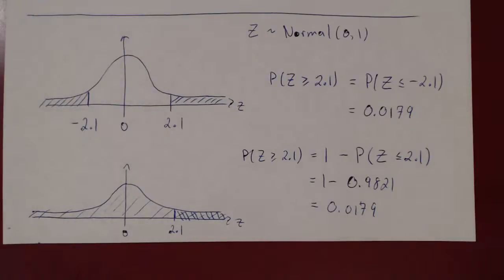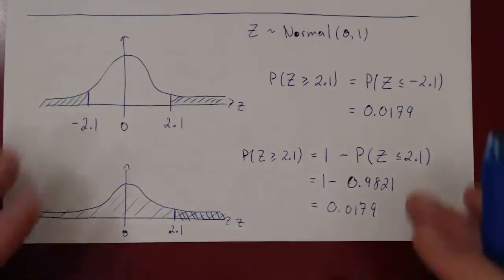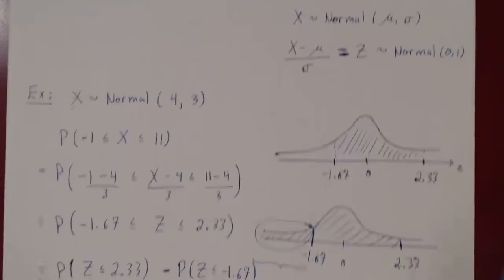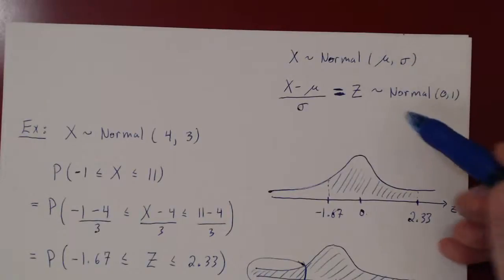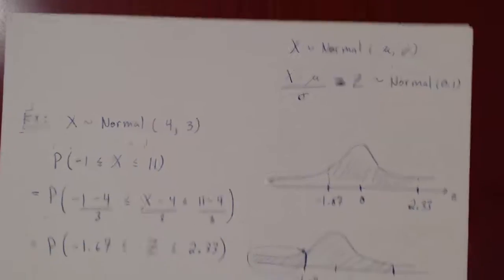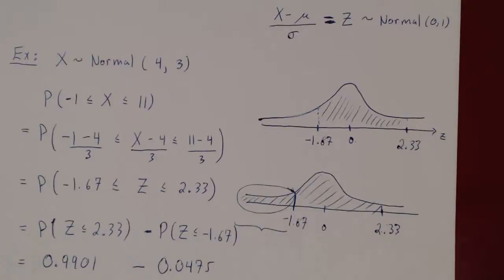If we had a problem with an average or a sum of random variables, everything would be the same except we would have a different mean and a different deviation, and then we would still just standardize. Let's do one example with an average, and the sum works in the same way.